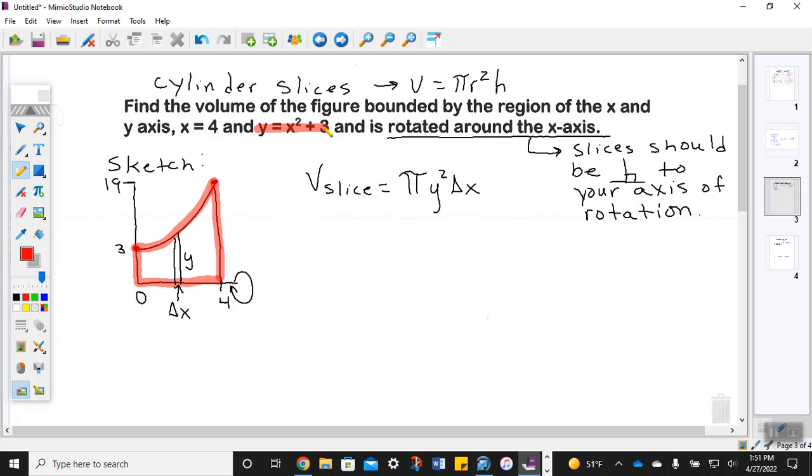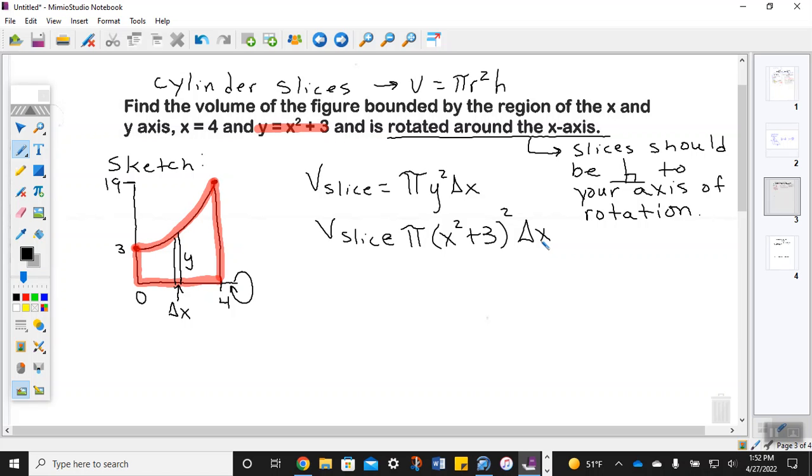So the volume of your slice, all in terms of x, is going to equal pi times, what's going in for y, all to what power? Delta x.